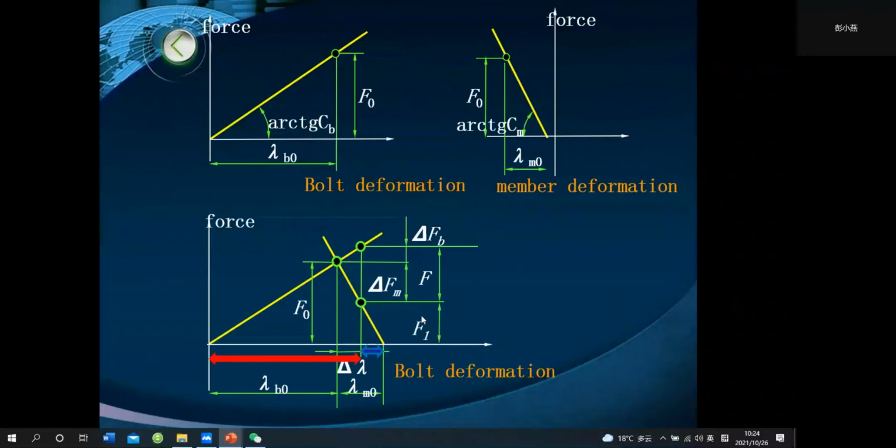So F1 is the force acting on the members. It's equal to F0, the preload, minus delta Fm.